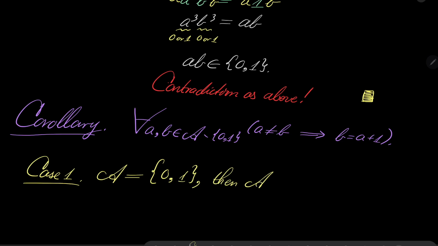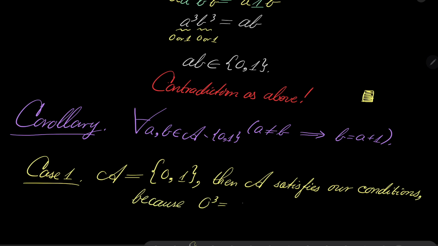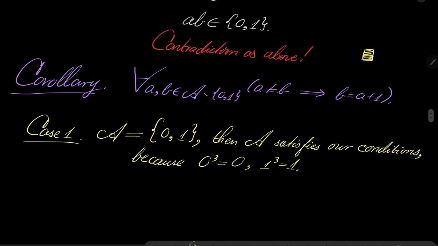Then A satisfies our conditions. Why is that? Because 0 cubed is 0, 1 cubed is 1. So it's a unital ring, the simplest unital ring.